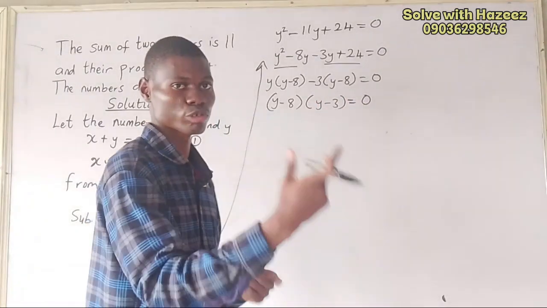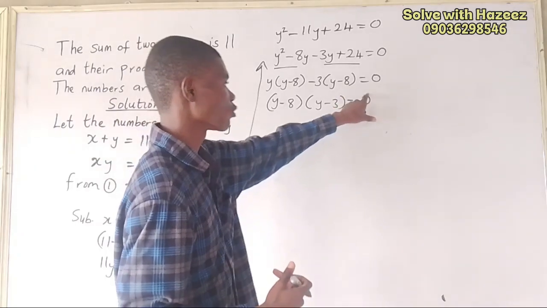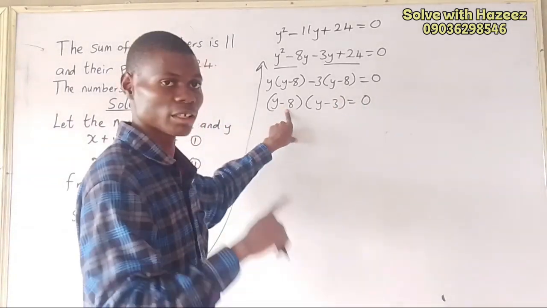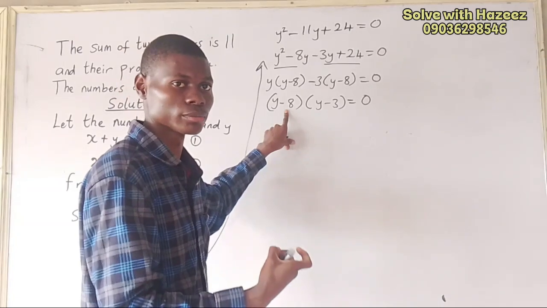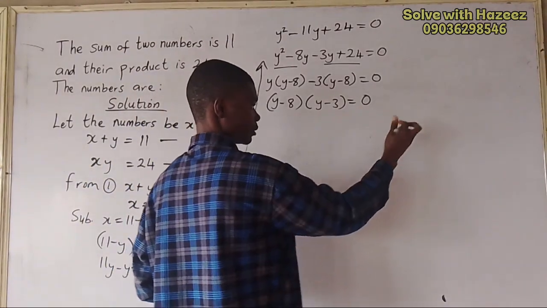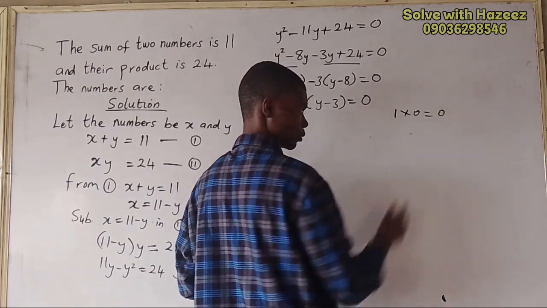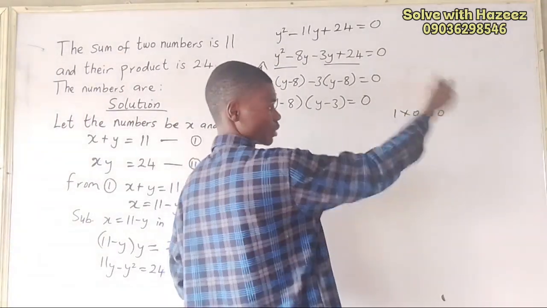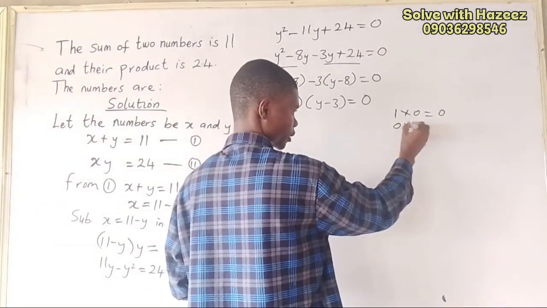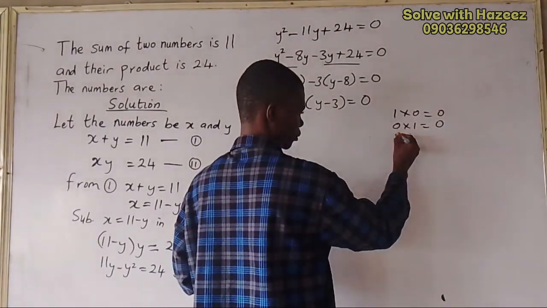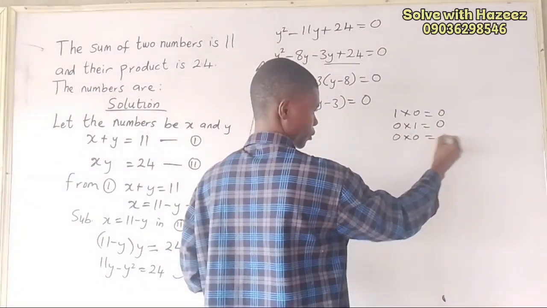Anytime we are multiplying two numbers and it is equals to 0, it means either one of the numbers is 0, just like 1 multiplied by 0 is equals to 0, or 0 multiplied by 1 is equals to 0, or both numbers are 0, 0 times 0 is also 0.